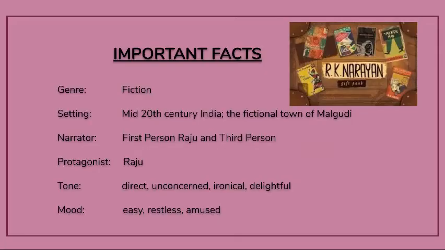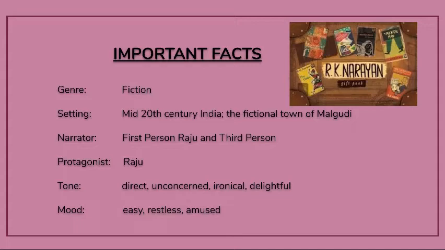Now let's come to the fourth slide, and in the fourth slide there are some important facts related to the novel The Guide. First point is genre. So what is the genre of the work? So it is a fiction, and the word genre means a particular type or style of literature that can be recognized because of its special characteristics.